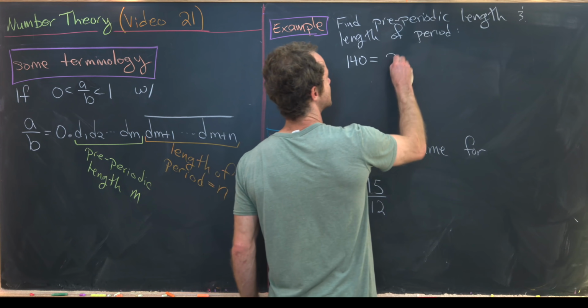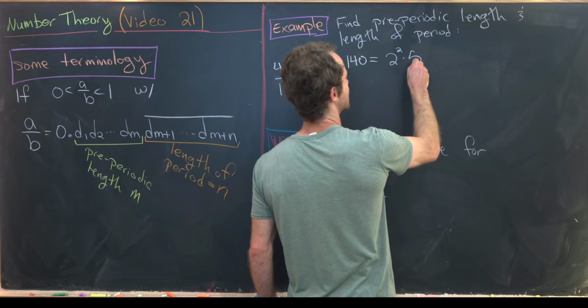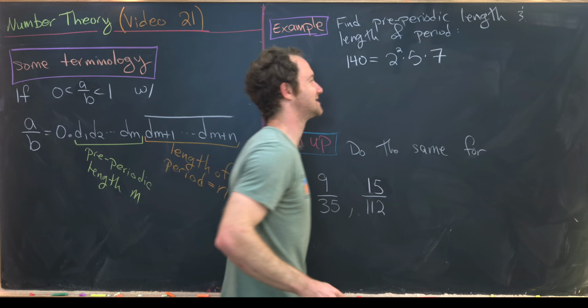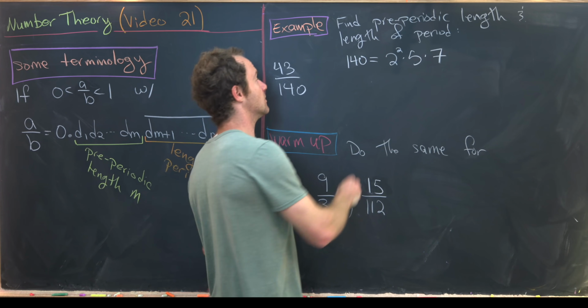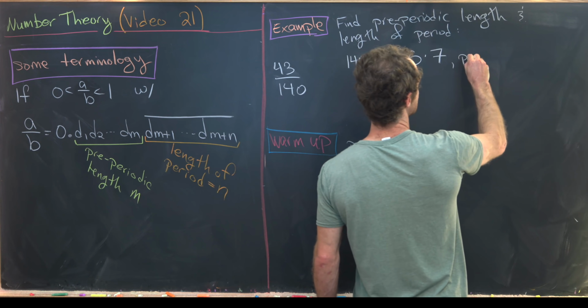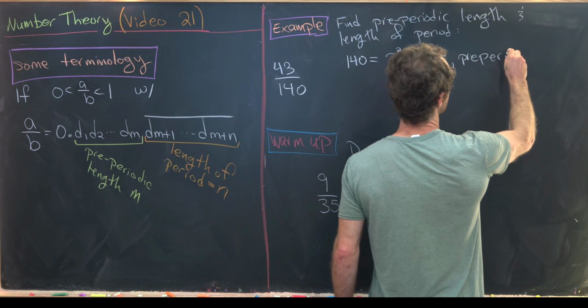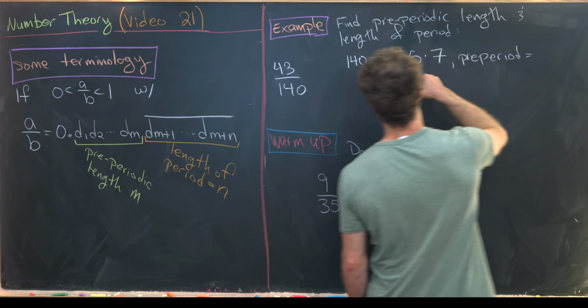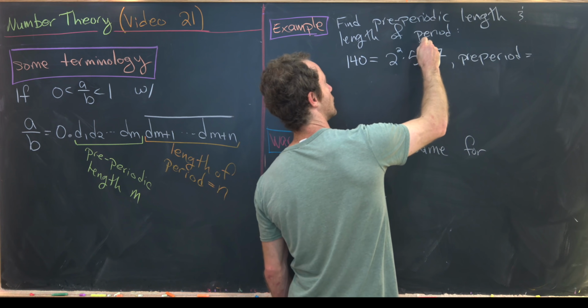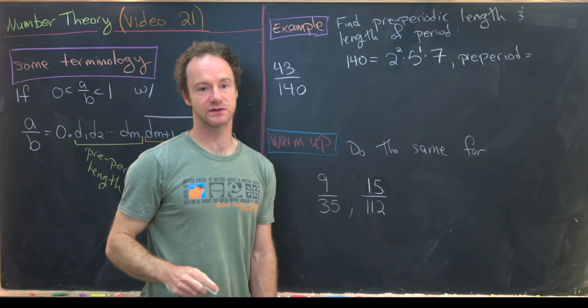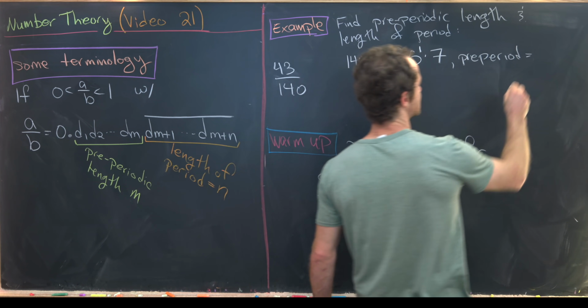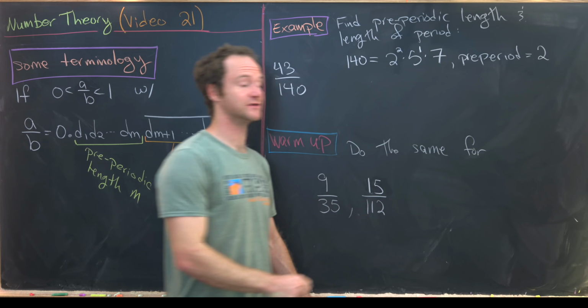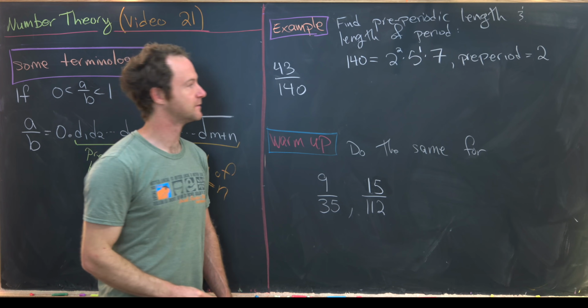Notice that this is equal to 2 squared times 5 times 7. From this, we can immediately see that the pre-period has length the maximum of 2 and 1, given that 5 is equal to 5 to the first power. Like I said, the maximum of those is obviously equal to 2.